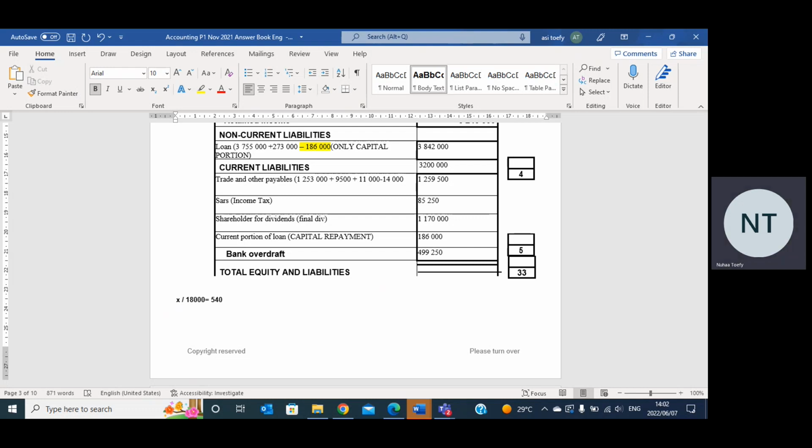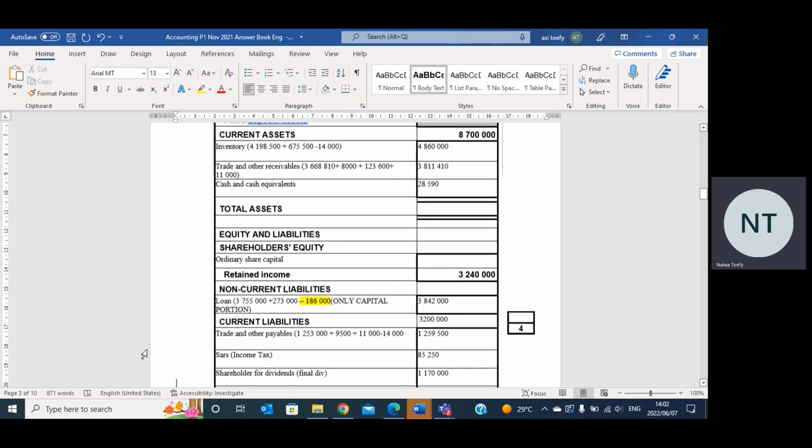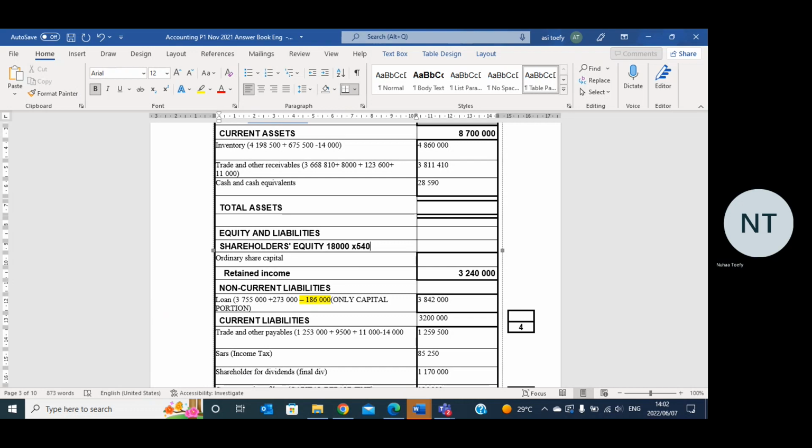Okay, now all I have to do is then cross multiply once again. So I'm going to take ordinary shareholders' equity. There we go. 18,000, and I'm going to times it by 540. So 18,000 times 540, and it gives me 97.